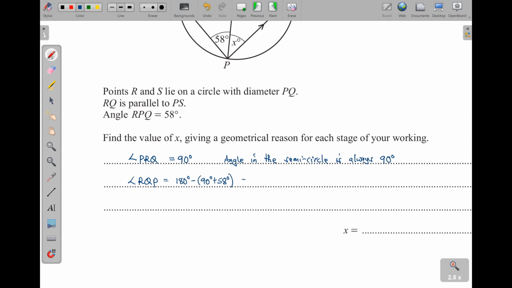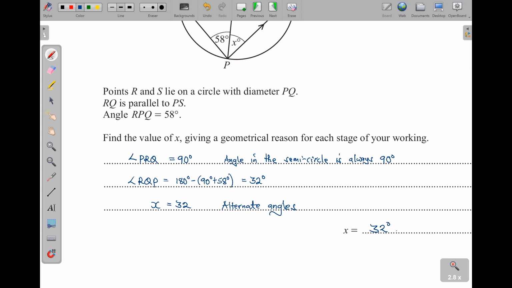And this one will give us 32 degrees. Then after that we shall say that X is now going to be equal to that 32. What is going to be the reason here? Alternate angles are equal. So I'll write my X here as 32 degrees.